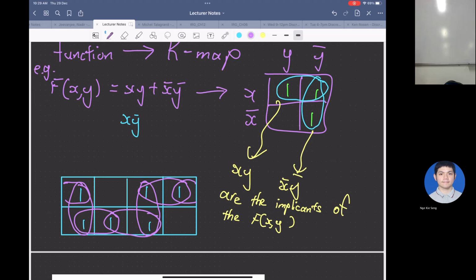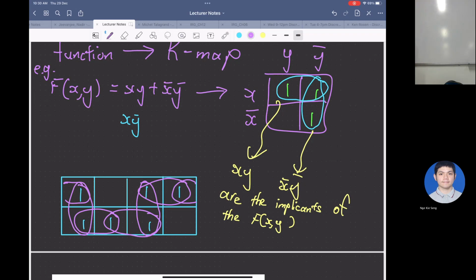Because for all these blocks of 1, the 1s can be covered by a different block. So they are not essential. What is essential? If you don't have it, you cannot cover your function anymore.